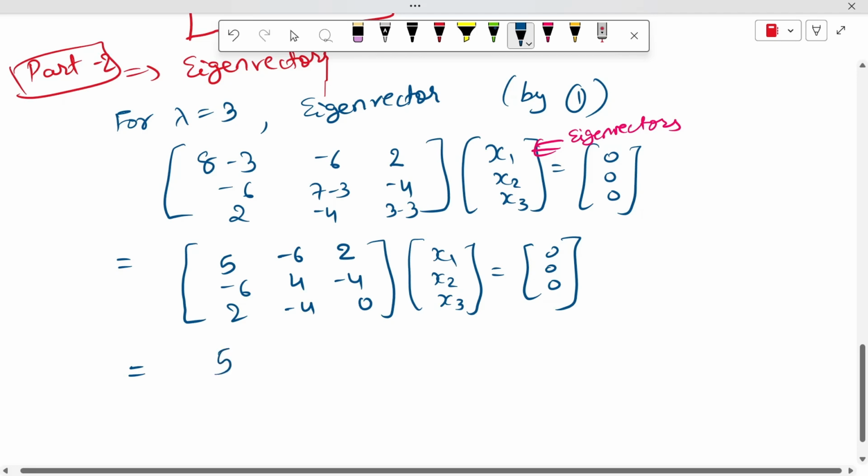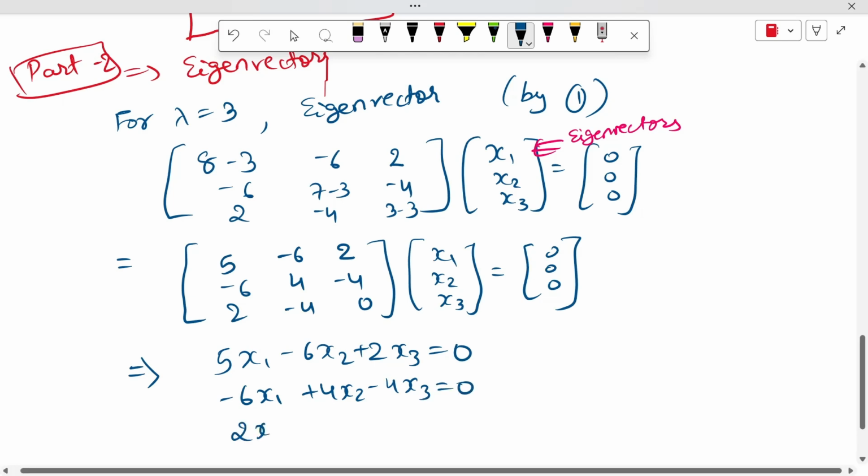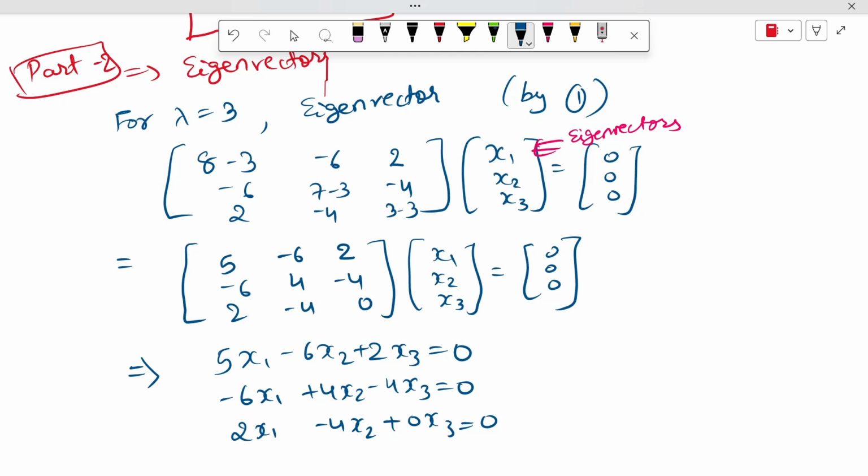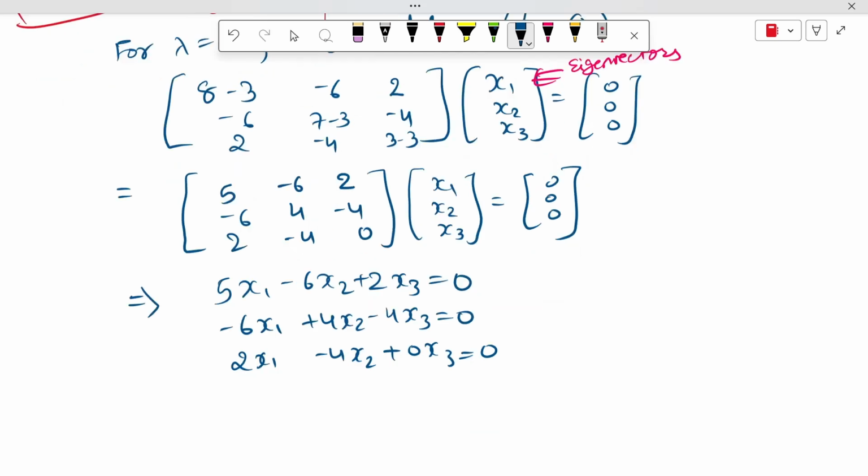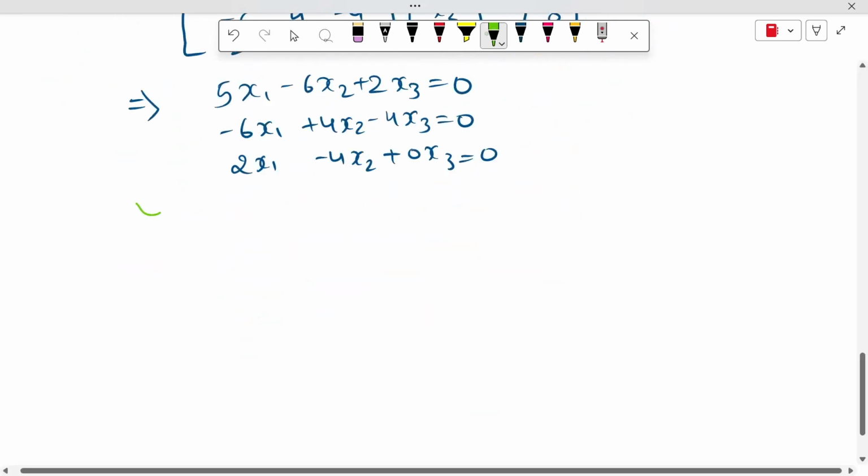We will get three equations: 5x1 minus 6x2 plus 2x3 is equal to 0. Minus 6x1 plus 4x2 minus 4x3 is equal to 0. And the third will be 2x1 minus 4x2 plus 0x3 is equal to 0. From these three equations we have to find the values of x1, x2 and x3.